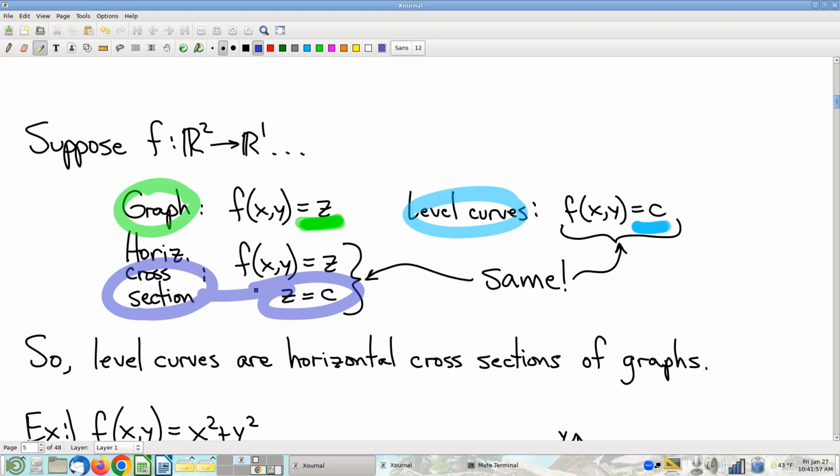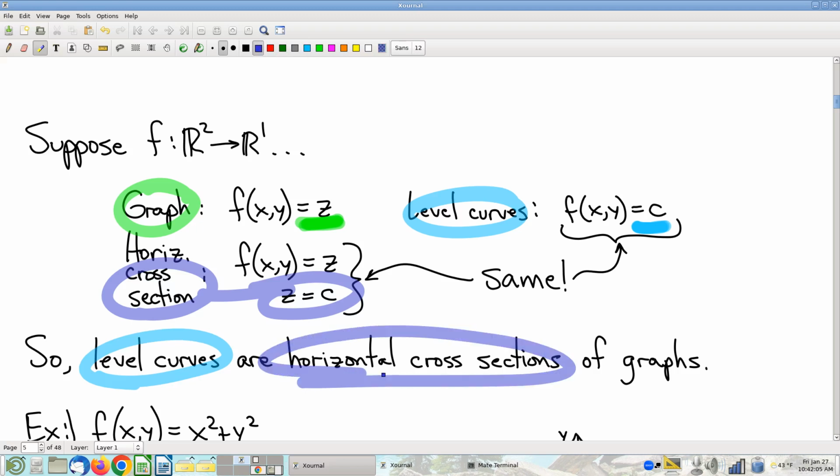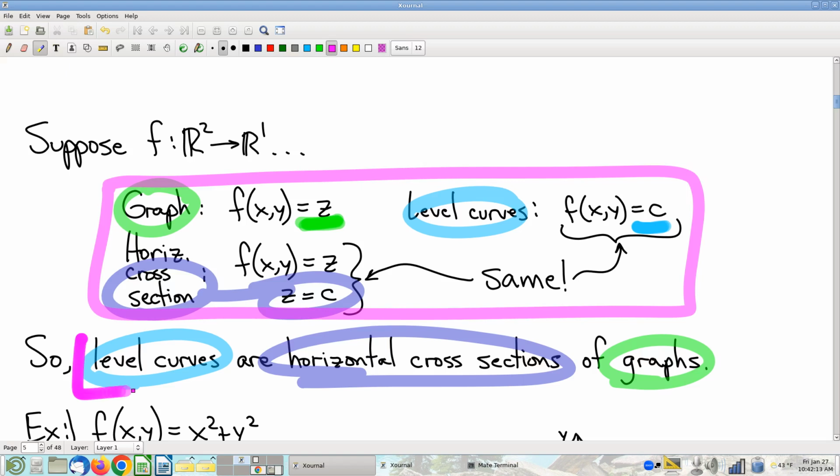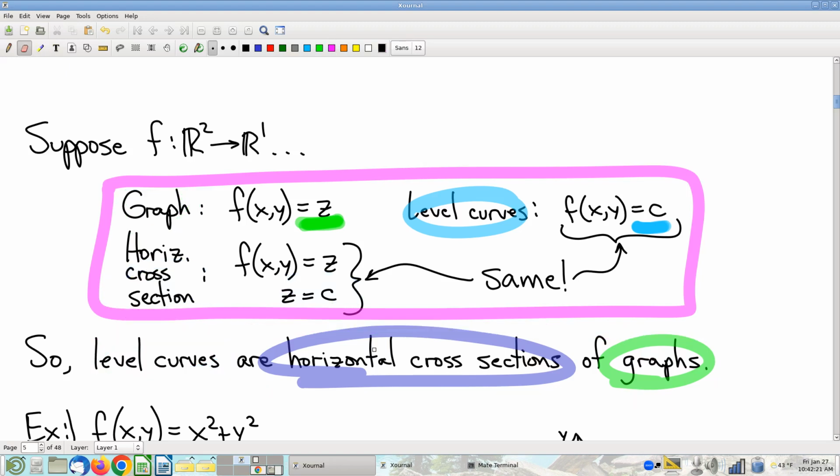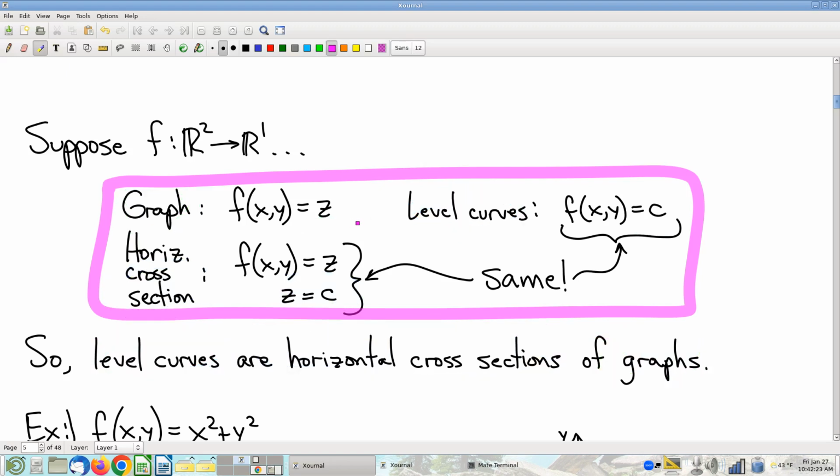So that's what we have here, and you'll see I've written it out in English here. Level curves are horizontal cross sections of graphs. Or said differently, this algebra is summarized by this pithy little sentence. Everybody with me? Okay.